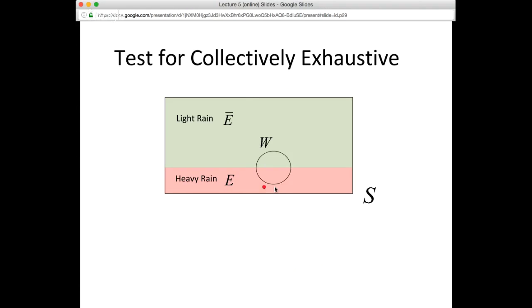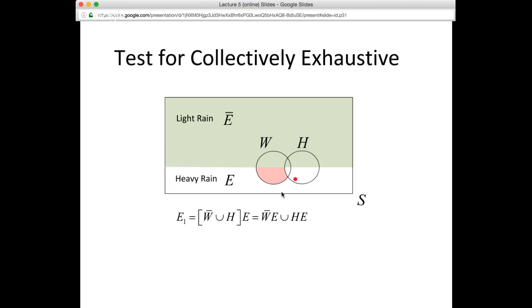Then within that sample space, we have the event where the clay layer is well compacted. And then we also have an event where the geotextile has holes in it, and those are potentially overlapping. What we want to do is map out in this space where E1 and E2 fall and determine if they cover the entire space.